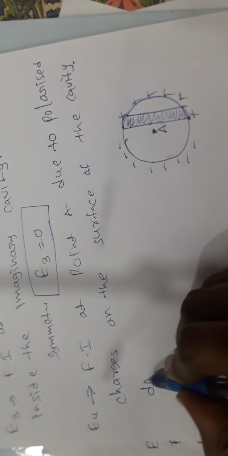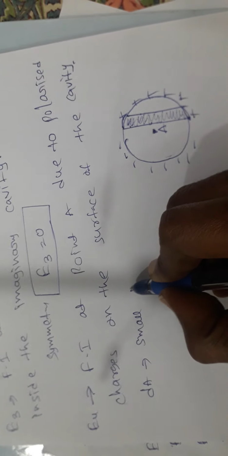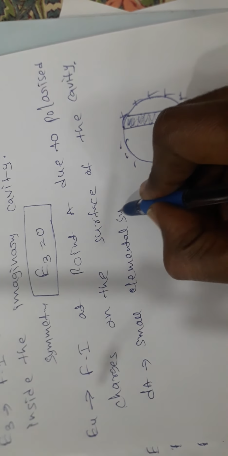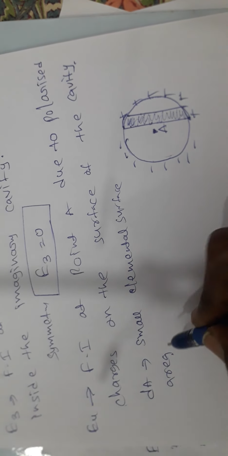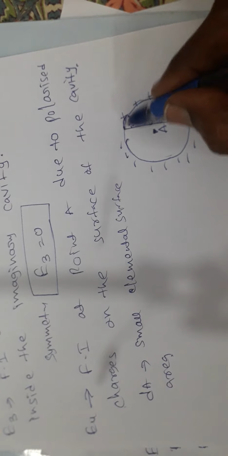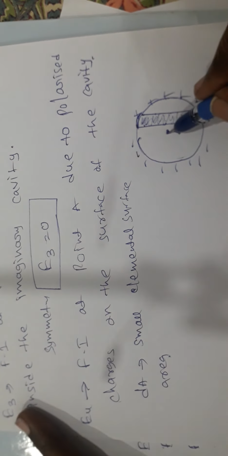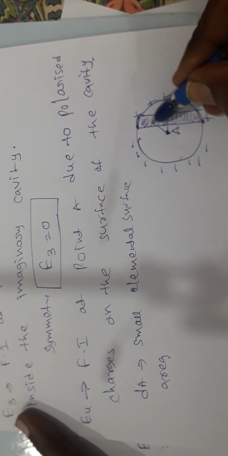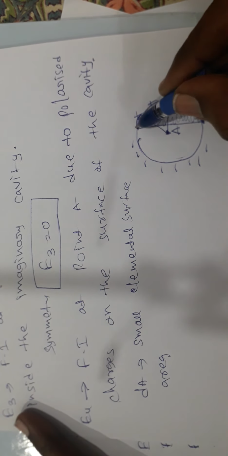That area dA is the small elemental surface area. Small elemental surface area we are taking. It is making an angle theta and theta plus d theta. Now this is horizontal.